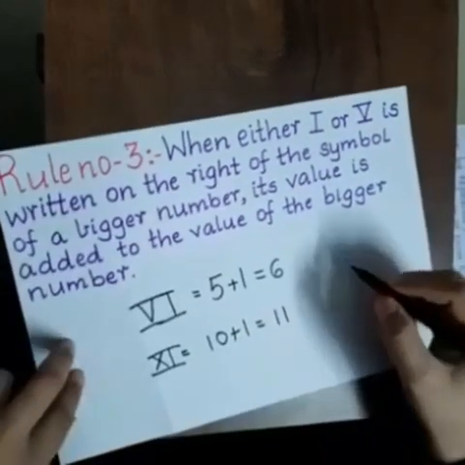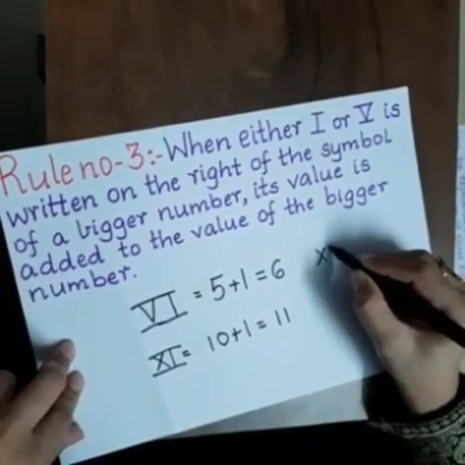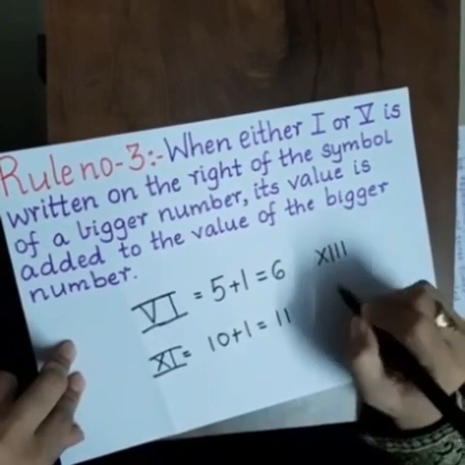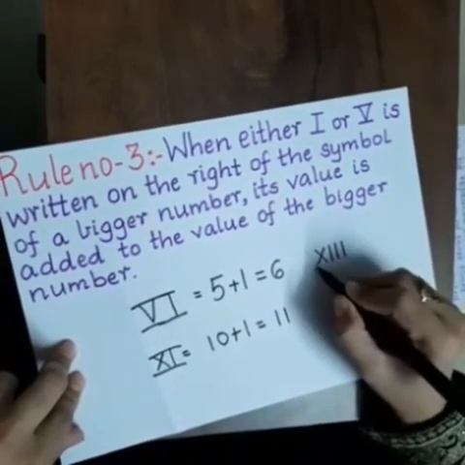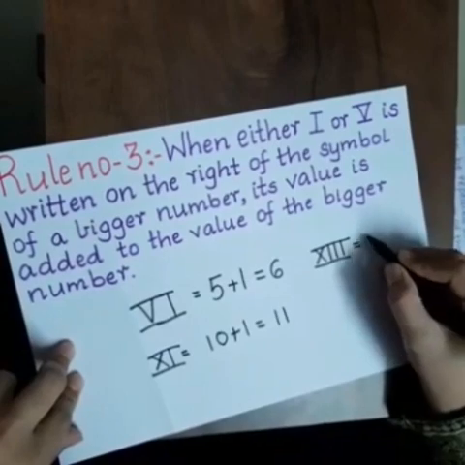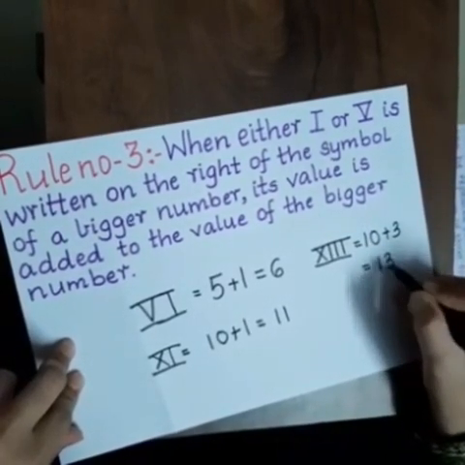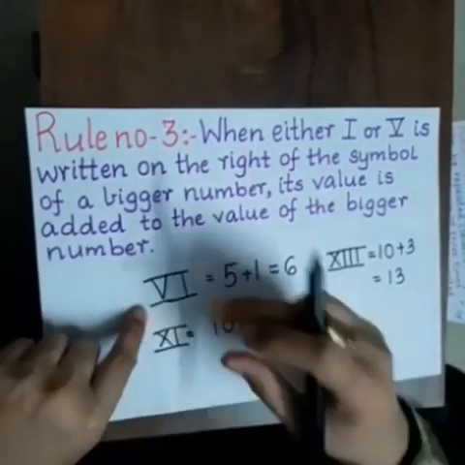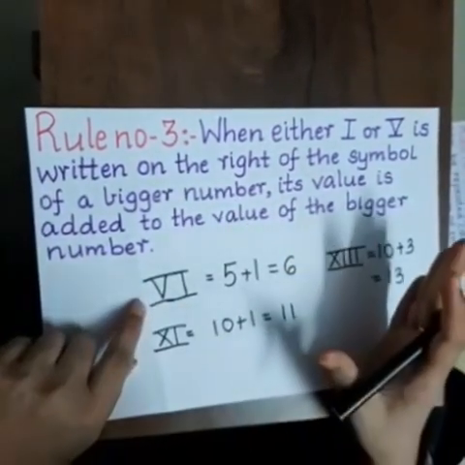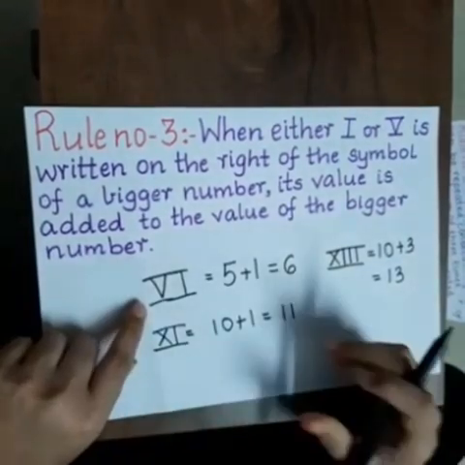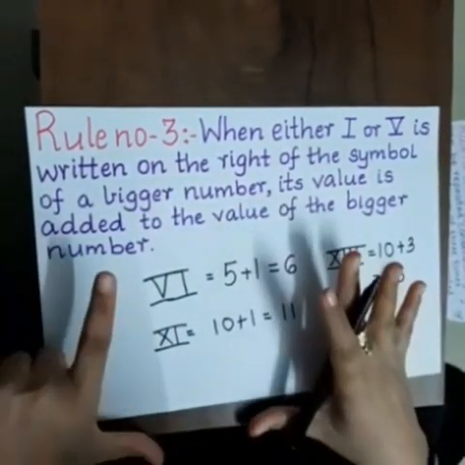I can even add X plus 1, 2, 3 I's, and then I can write 10 plus 3, that will be 13. Means if I am writing any number on the right side, their value becomes bigger.